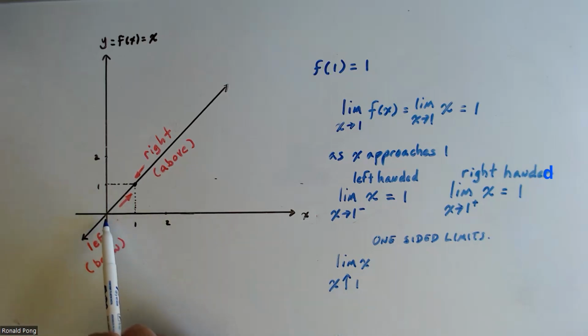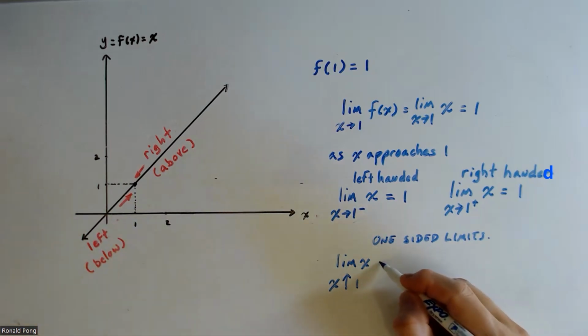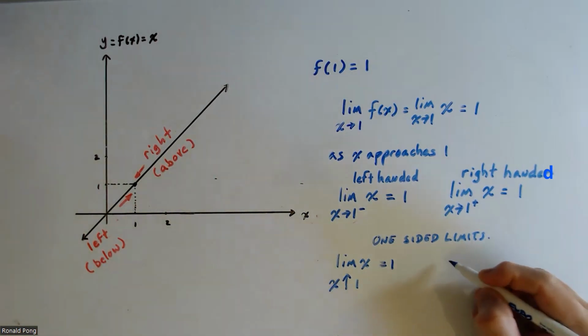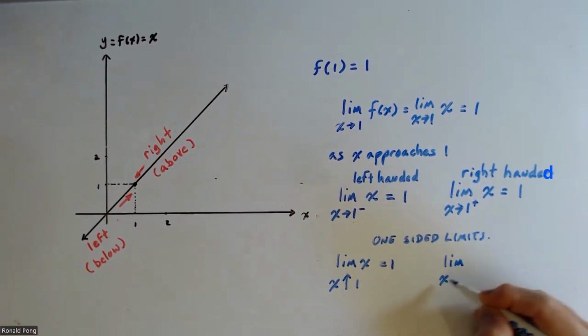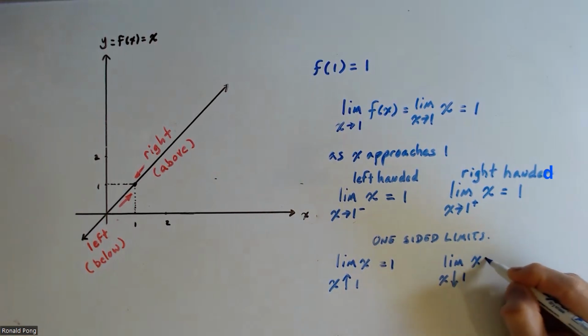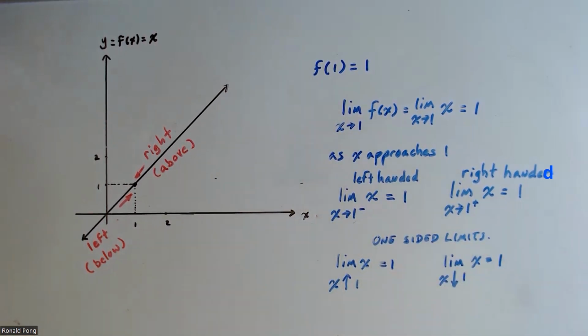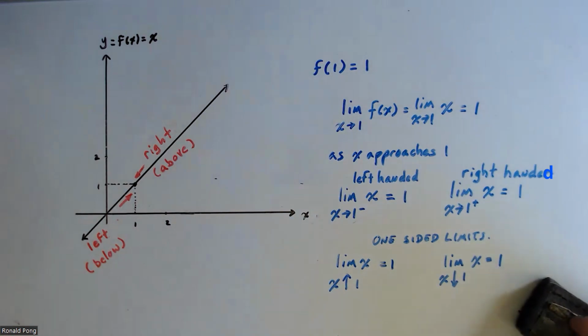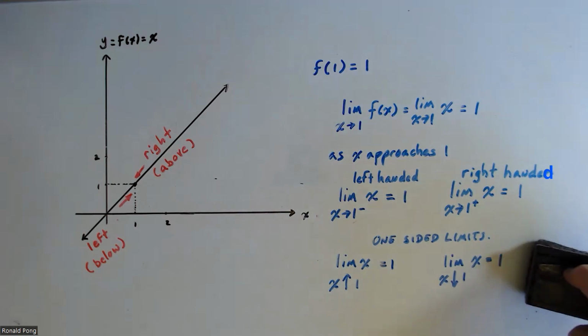For example, from 0 toward 1 with an up arrow. That's another way of writing a left-handed limit. Likewise, an arrow facing down or pointing down of x indicates a right-handed limit. I will not be using this notation throughout these videos, but I just wanted to make you aware of their existence.